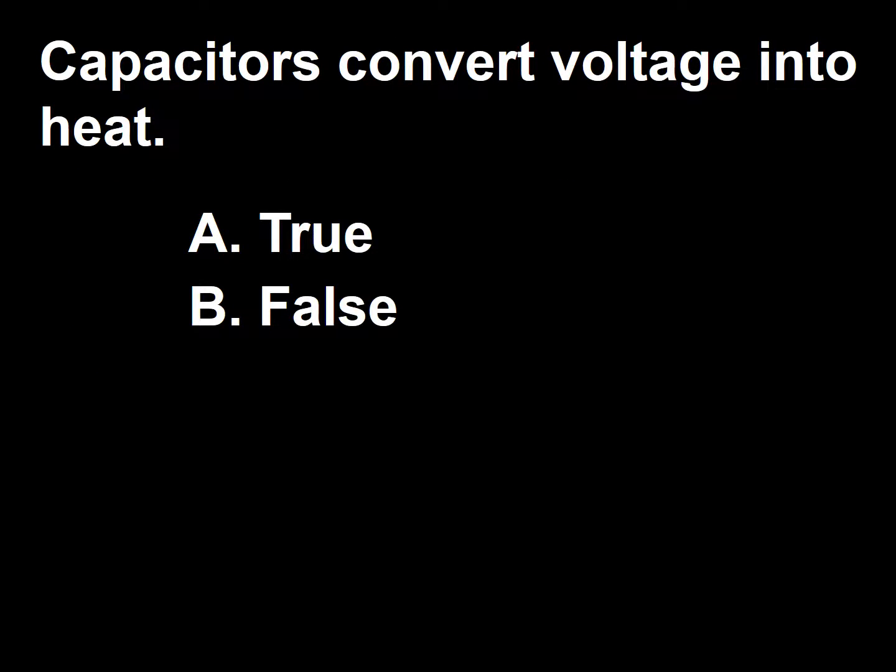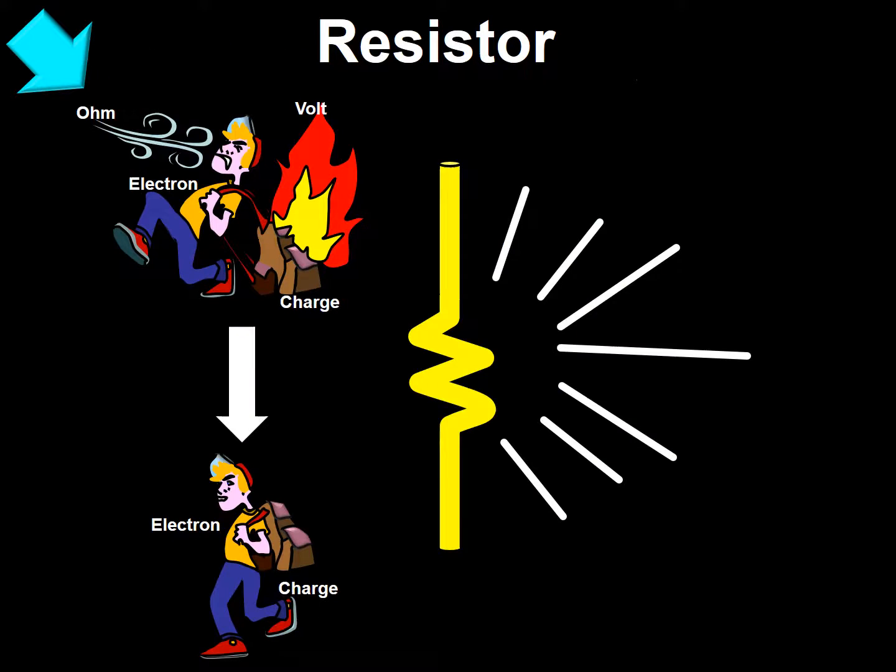Next question. Capacitors convert voltage into heat. A, true. B, false. As you remember from the prior talk, voltage is transformed into heat as current flows through a resistor. In this frame, the running boy with the fire in his backpack represents a volt-carrying electron.